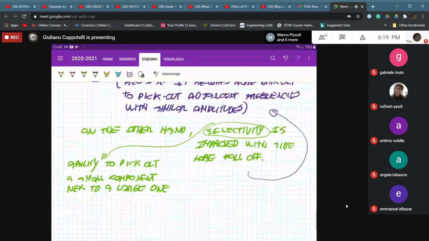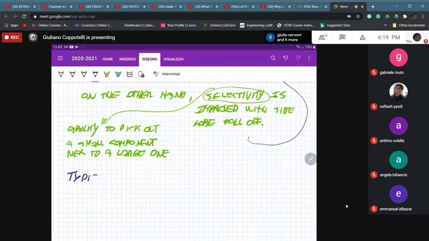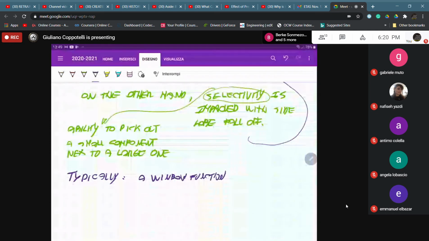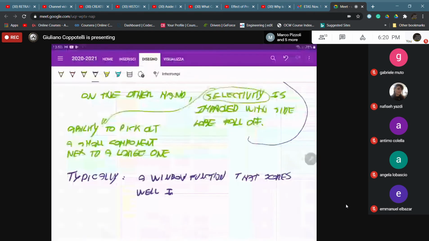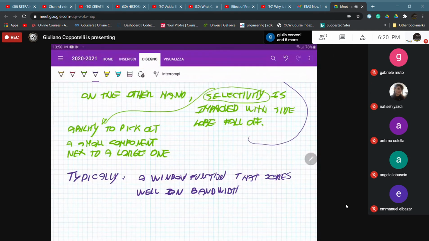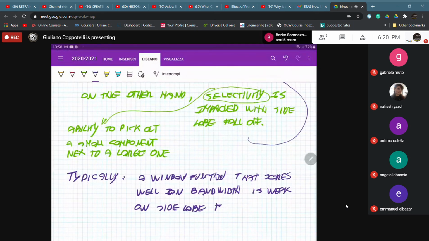So generally speaking, typically, when referring to window functions, a window function that scores well on bandwidth is weak on the side lobe fall off.